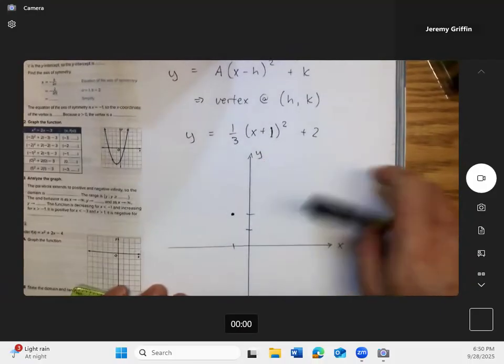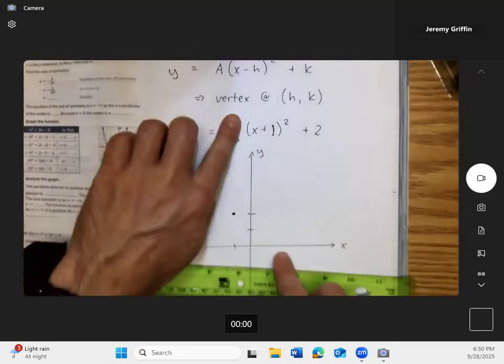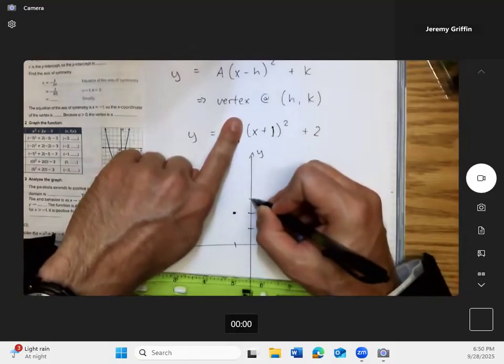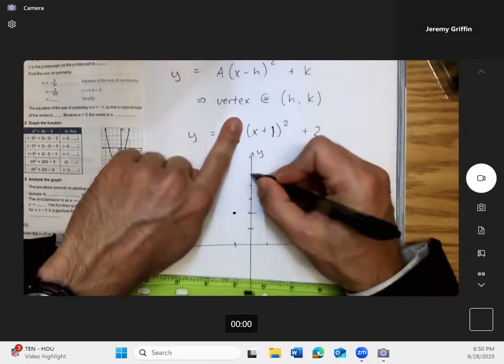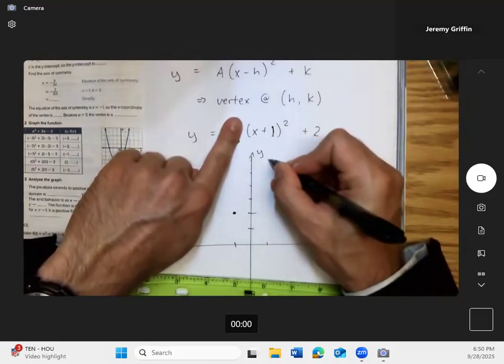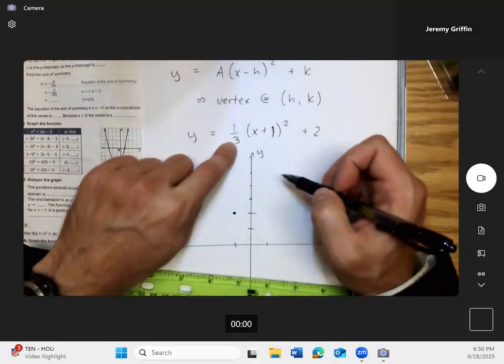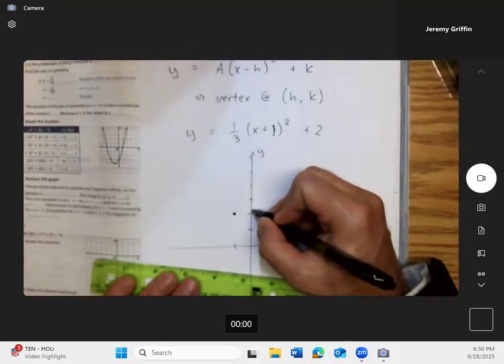Now, if I drew a regular parabola, ignoring this 1/3 for a moment, I know it goes over 1 up 1 would be a point, over 2 up 4 from the vertex. I could draw a regular parabola from there. What the 1/3 does is it's going to squash everything vertically by 1/3. So I should get a point right here.